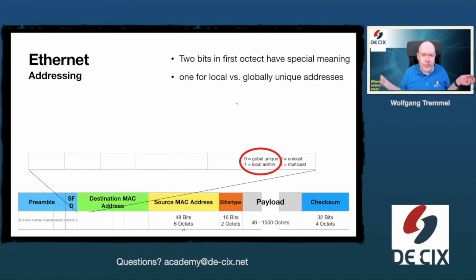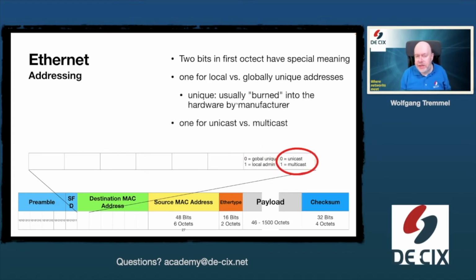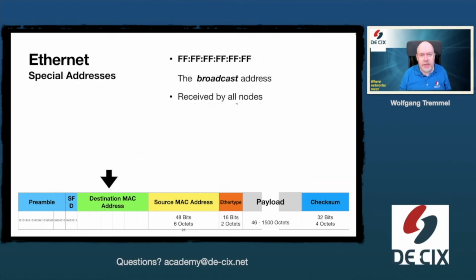So you can also have local self-assigned Ethernet addresses if you set this bit, and you have a unicast multicast bit. Unicast means one station is a receiver. Multicast means more than one station should receive this Ethernet frame. There's a special multicast address, and that's the broadcast address where all bits are set to 1, and that's received by all nodes on an Ethernet segment.